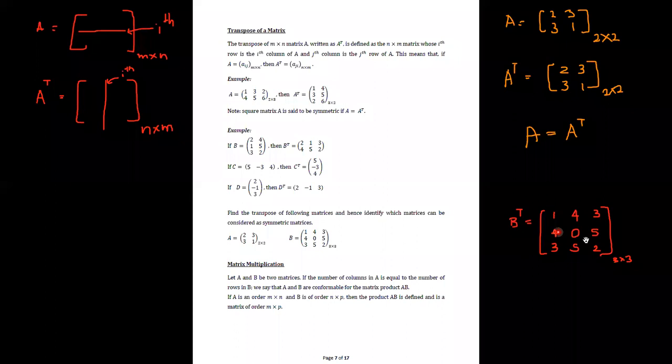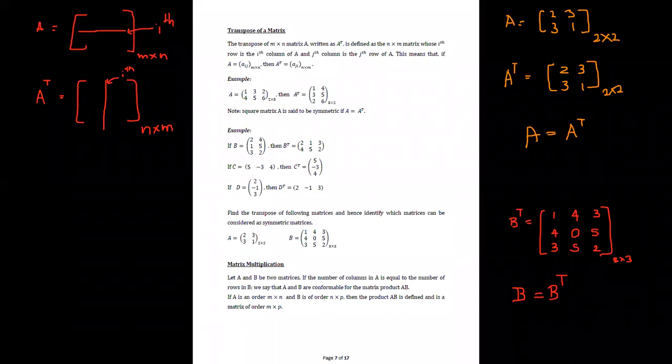Then if you look at the corresponding elements, you can see that all the corresponding elements are similar between this matrix B and the transpose matrix. Therefore you can say that matrix B and its transpose are equal matrices. Therefore you can say that B equals transpose of B. Then we can say that B is a symmetric matrix.